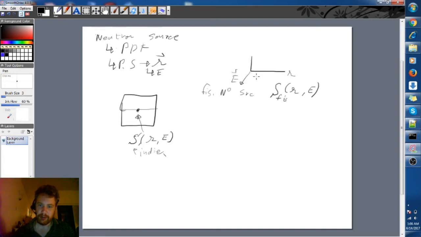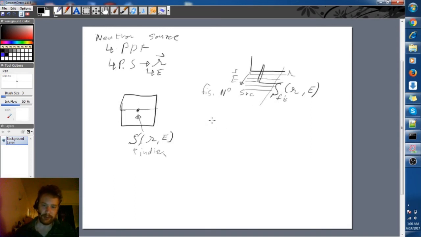If we just have a 1 MeV neutron source, we're going to have 0, 0, and then at 1 MeV a spike, an impulse, then 0, 0. That's going to be our phase space for this, if this was a 1 MeV point neutron source. So this is getting back to our main point here. This is a notation for a fission neutron source.